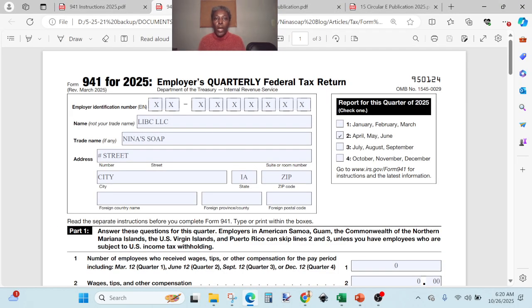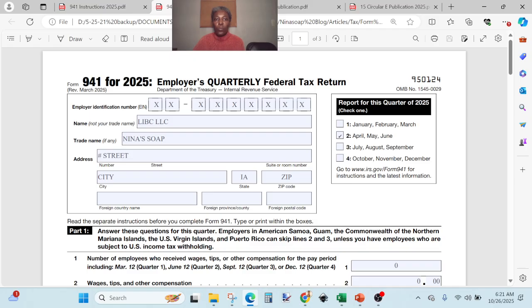So if you have not paid any wages in quarter 3 and you are required to file Form 941, we have a form here. You'll open the form and enter your business EIN number.